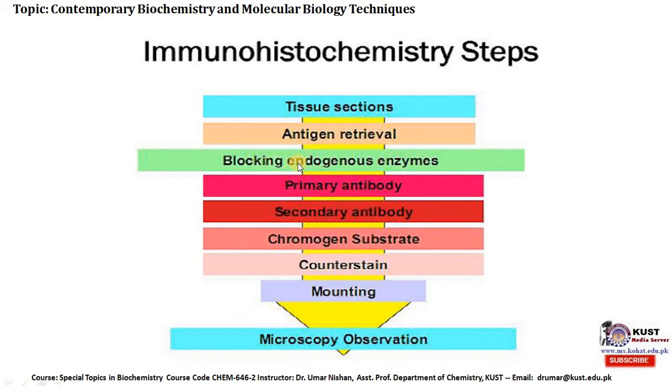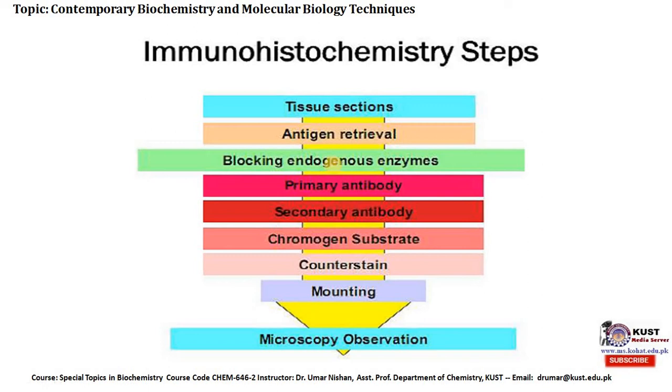With the help of this, the endogenous enzymes are blocked. Then in normal situations, we use primary antibodies. The primary antibodies are the antibodies that are directed towards the antigen or the protein that we are looking for. Then once the primary antibodies get attached, the sections are thoroughly washed.